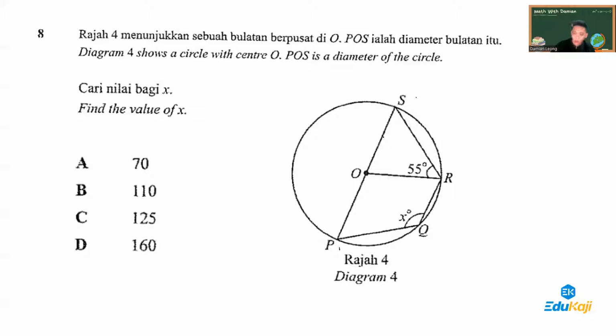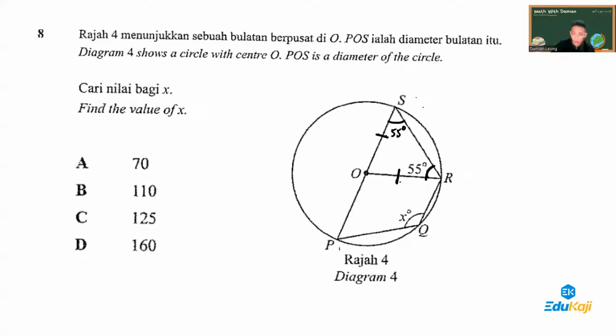OS is the radius, OR is also the radius, means these two have the same length. So if these two sides have the same length, here is 55, here would also be 55 degrees.